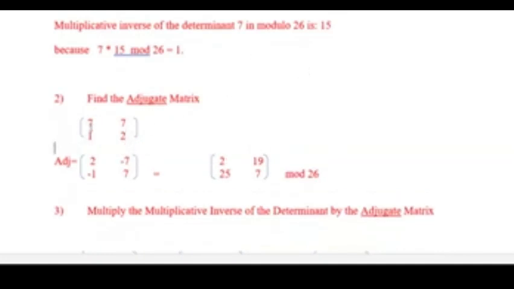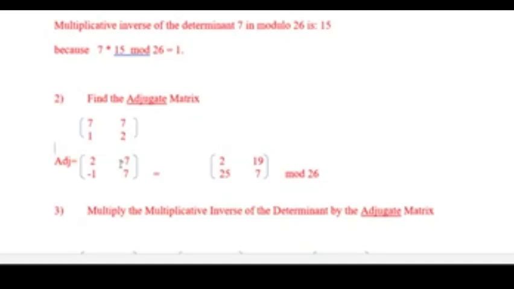So here they are. So the adjugate, we just swap those two numbers. The 7 and the 2 turned into 2 and 7. And the 1 and 7 turned into minus 1 and minus 7. Okay, we mod them to get rid of the minus 7 and minus 1, and they turn into 25 and 19.